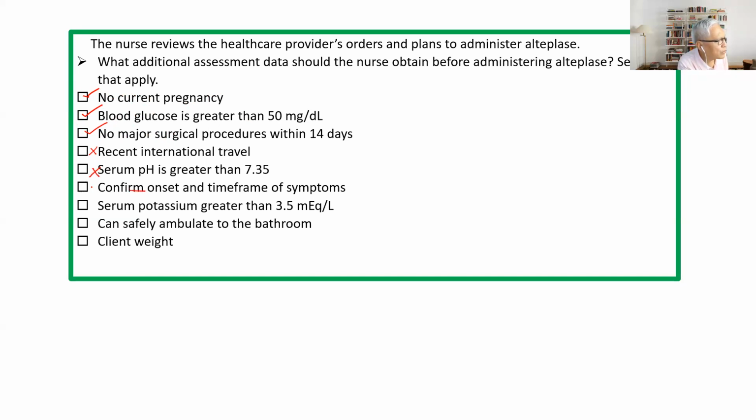But this one, we have to give it within 3 hours. So obviously, this is going to be important. The potassium and this ability to ambulate is not going to be okay. But client weight is going to be important because we're going to calculate the dose of the alteplase based on weight. Okay. And let's go to the next one.